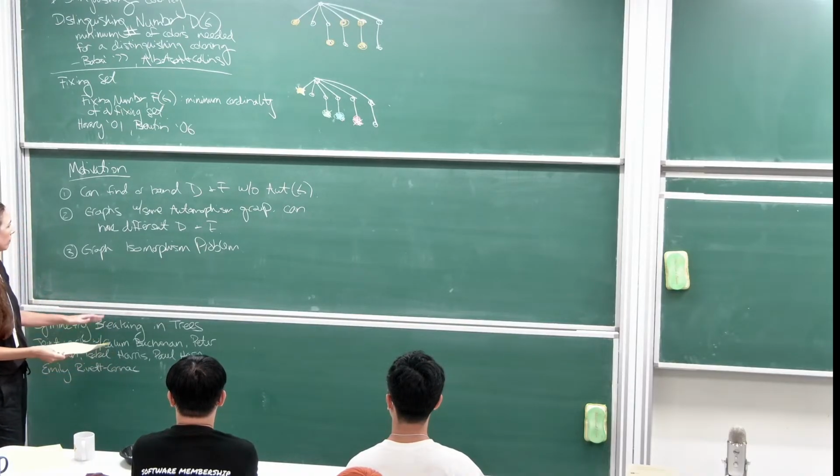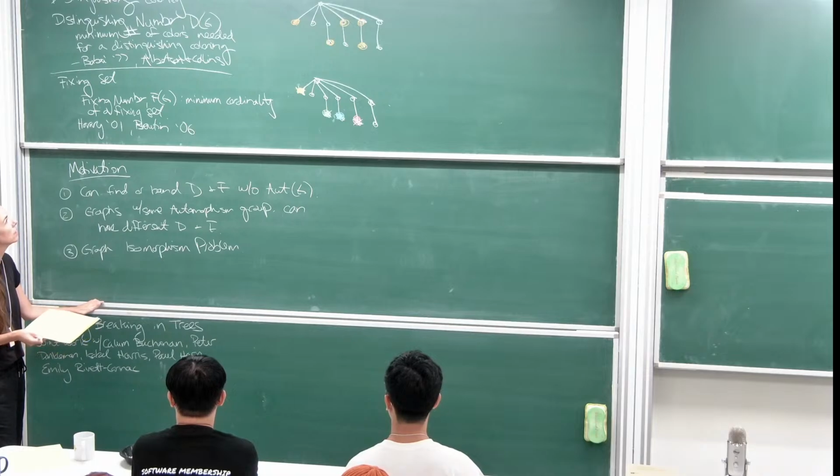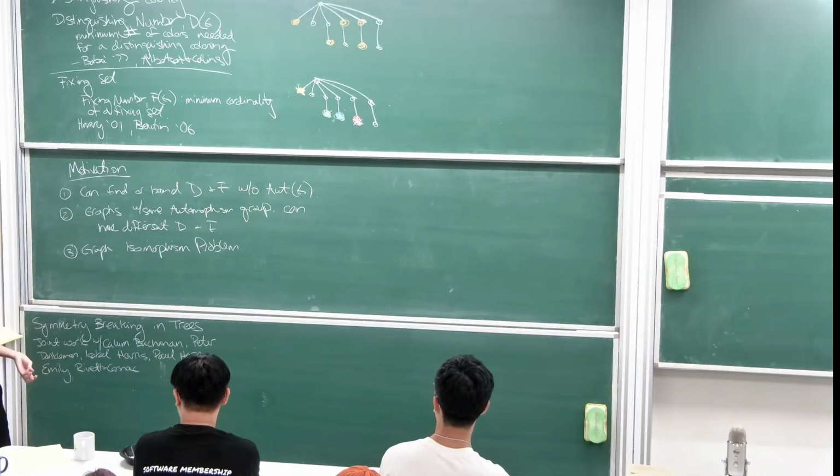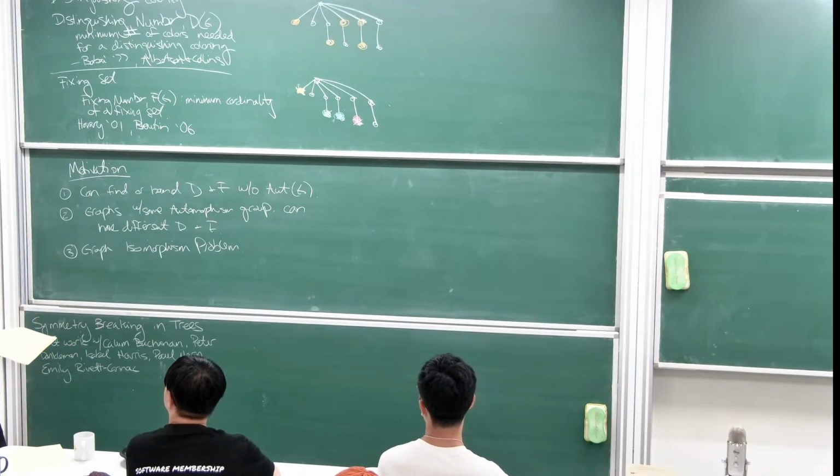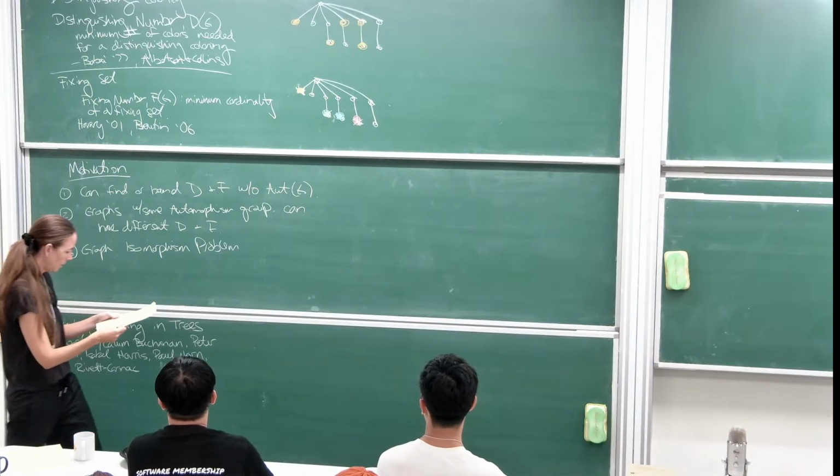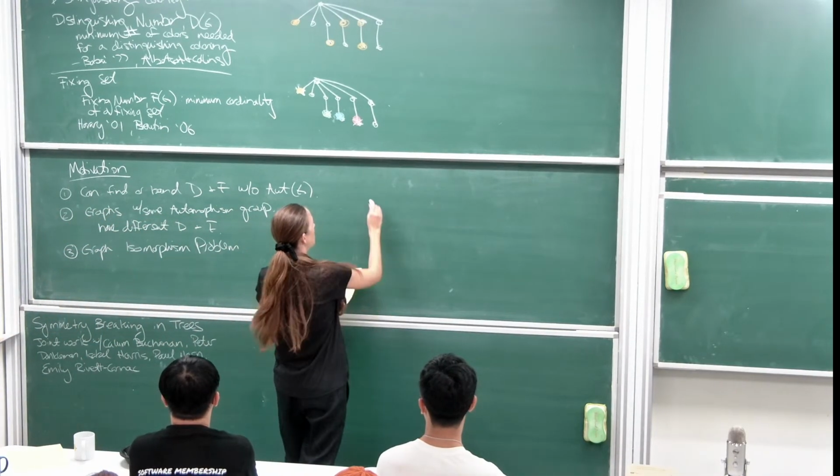Okay, and so like I said, what I'm interested in though is relationships between the two, and then finding a setting for investigating this. So let me say a couple of obvious relationships.